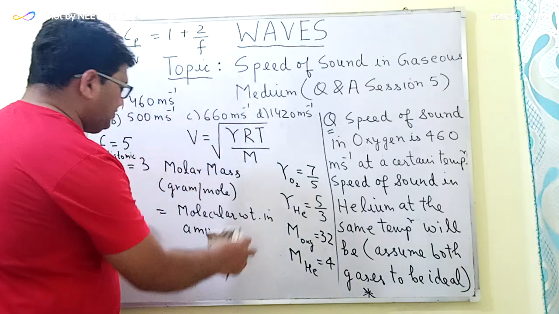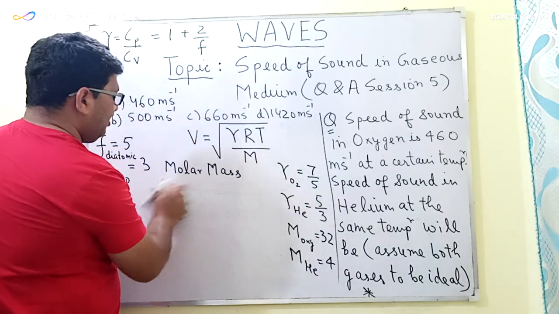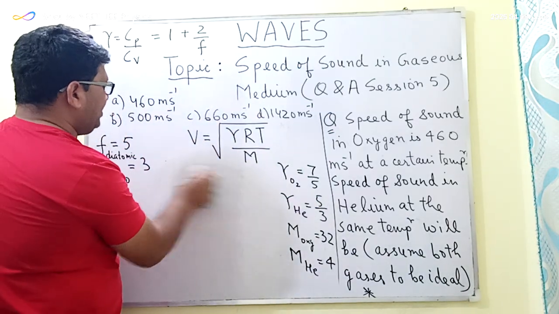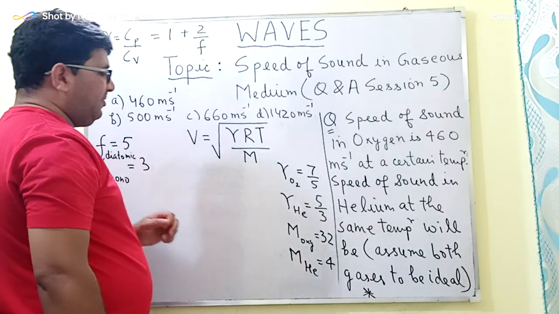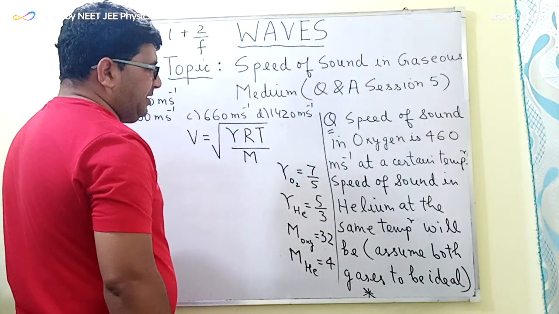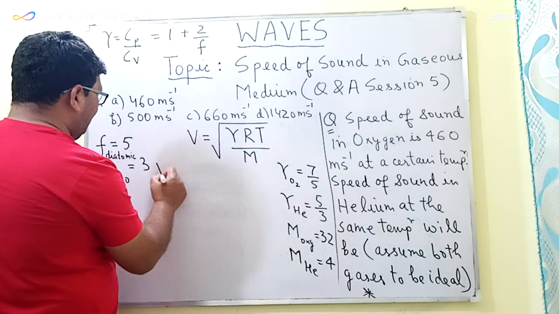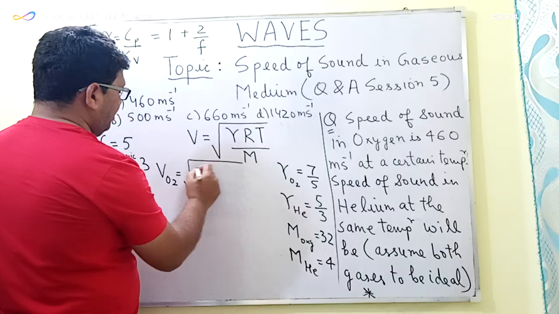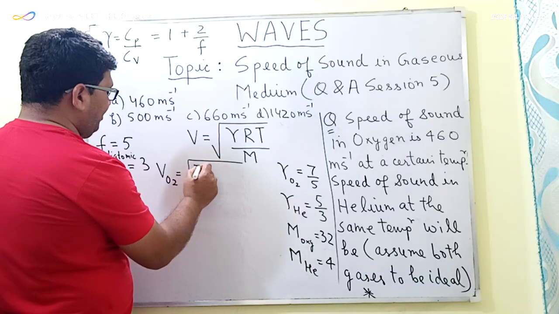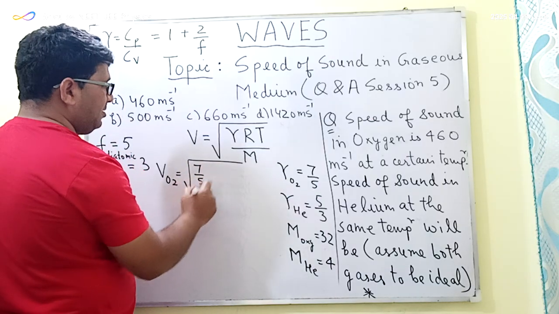So I will be using these values in this formula, V is equal to the square root of gamma RT by M, and then we will be able to find the speed of sound in helium. The speed of sound in oxygen is equal to the square root of 7 by 5 RT divided by 32.